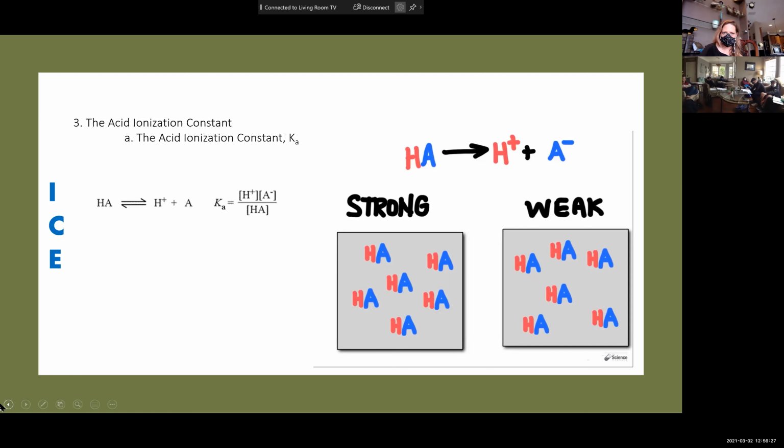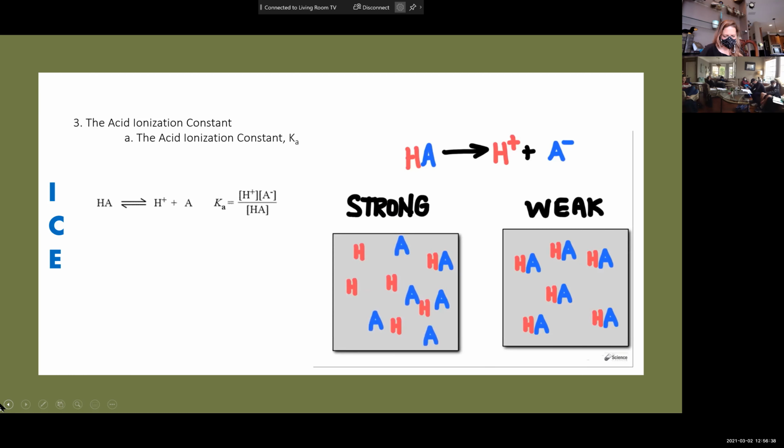So for an acid, we would have all of our acid molecules here put into water, and as they dissolve, they would all split apart, and we get all these free ions floating around in the solution. And so that gives us 100% of these acid H plus ions, which makes an acid.